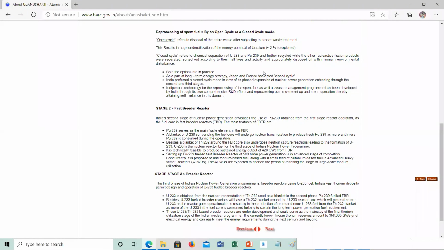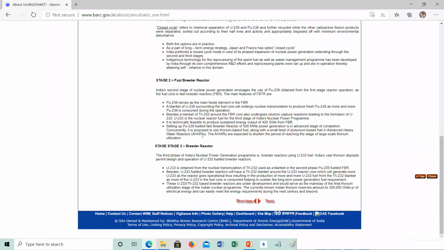It is converted into plutonium-239, which is used as the fissile material in stage 2 in the fast breeder reactor, and uranium-238 is used as a fertile material. After that, in the second stage, uranium-233 is developed, and this uranium-233 is used as the fissile material in stage 3.